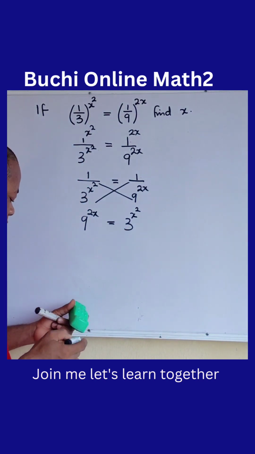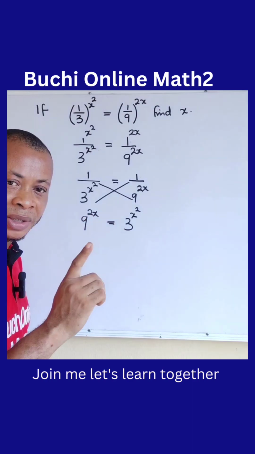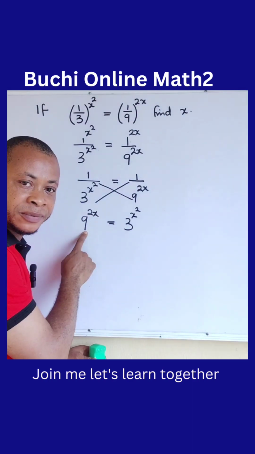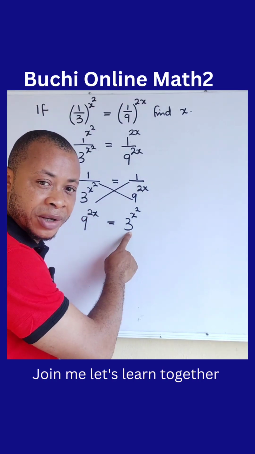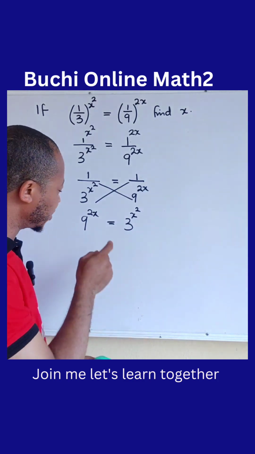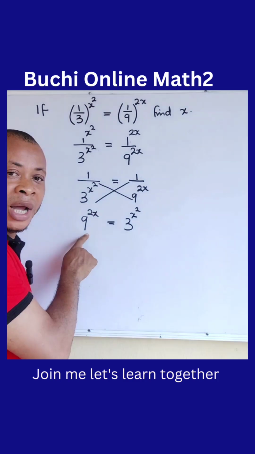Next, we need to make sure we achieve the same base, the lowest possible base. Here we have base 9, and here we have base 3, and base 3 is the lowest base. So let us see if we can achieve base 3 from 9.